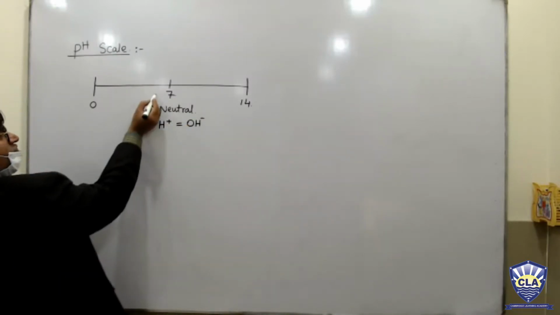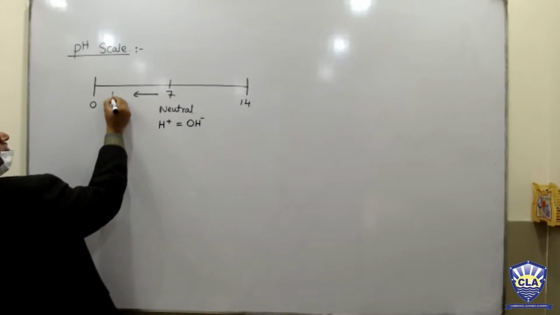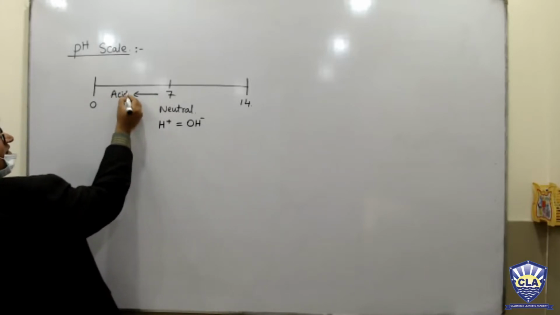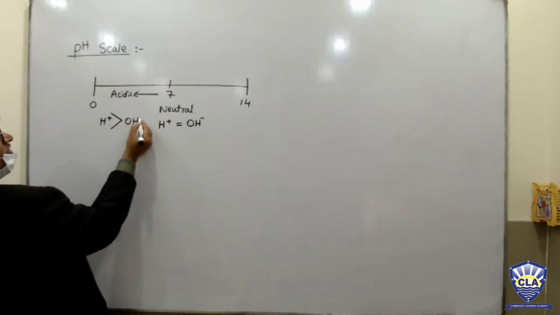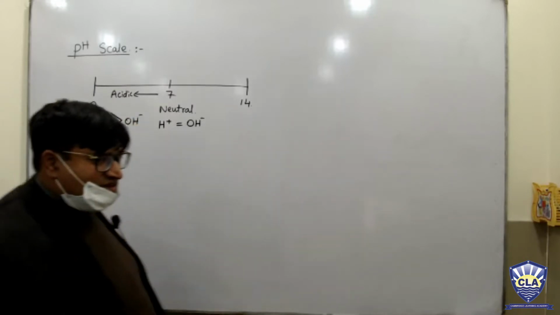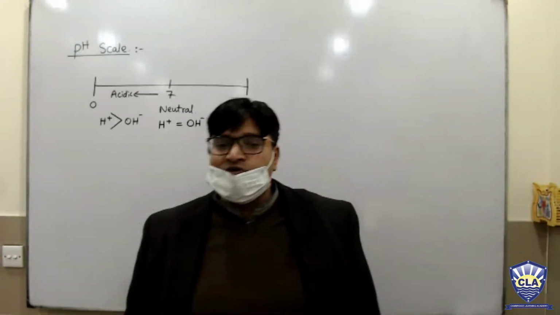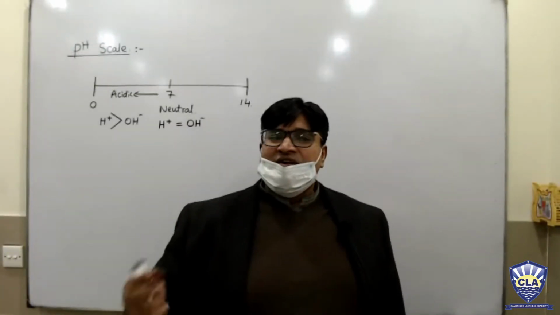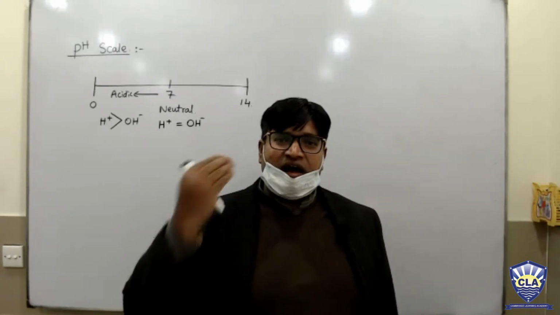If you move down from pH 7, it would start becoming acidic. Why will it start becoming acidic? Because the concentration of H positive ion is now greater than the OH negative ion. Remember, my dear students, most students get confused with the term acid. An acid is anything that produces H positive ions, as I have told you.